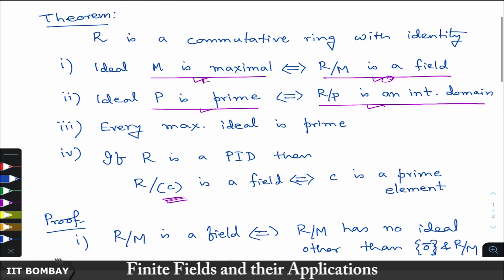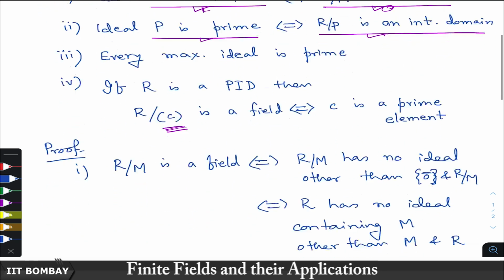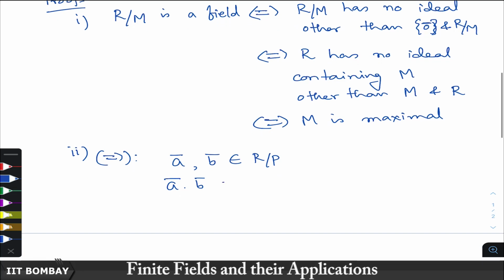Such that the product A times B is equal to 0. We want to show that either A is equal to 0 or B is equal to 0. By the definition of the product, this is equal to the 0 coset.